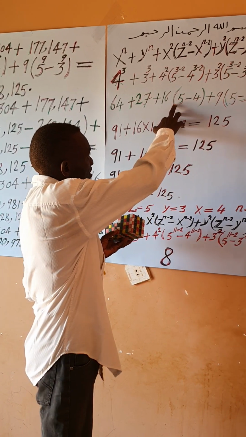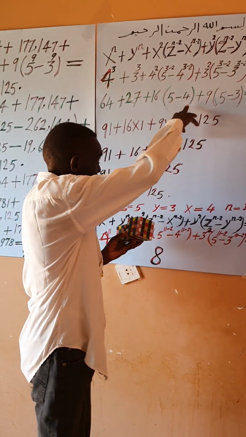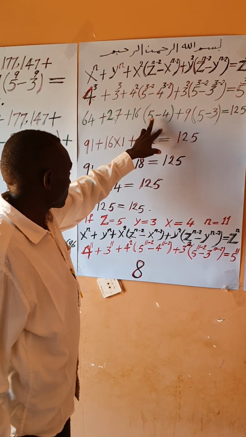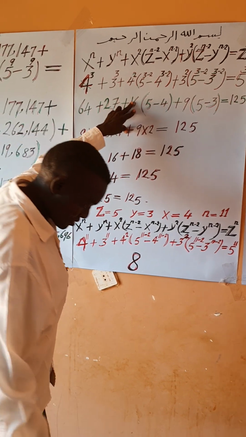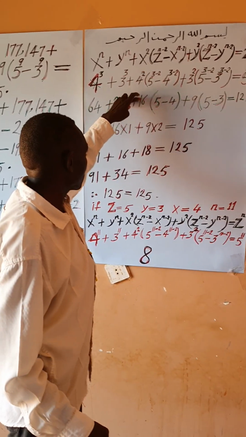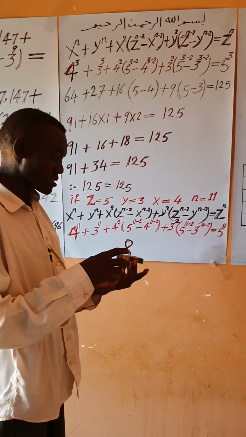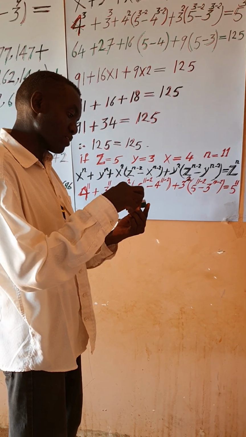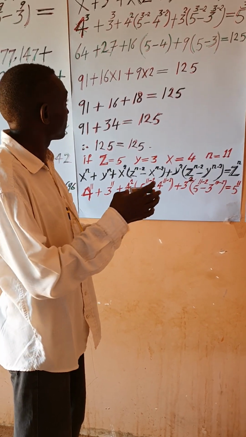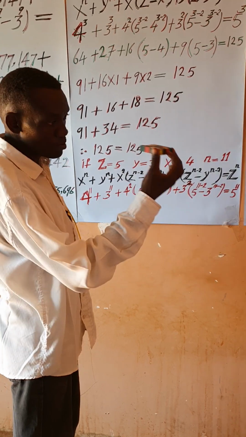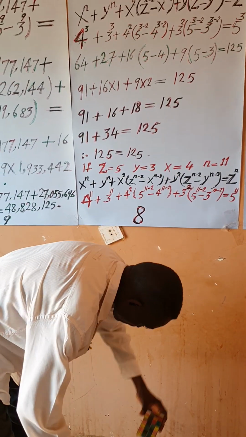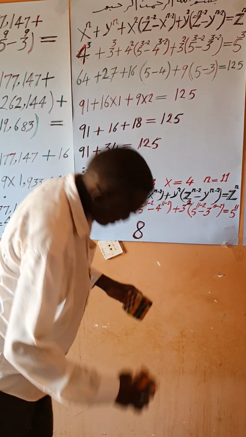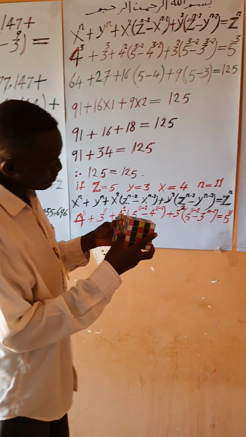Because of that, we take the difference between 5 and 4, equal 1. 1 times 16 equals 16. 4 times 4 equals 16, times 1 equals 16, because this becomes 5, in this cube.